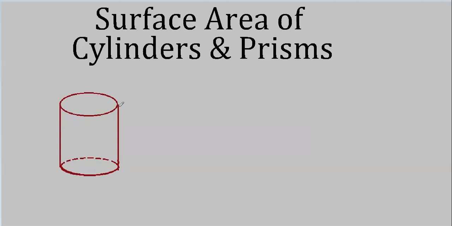Well, if you were to take a tin can and some snips and slice it right down the center, well, it doesn't have to be the center, just slice it from top to bottom in a nice straight line and then unfold it, you would get this rectangle.